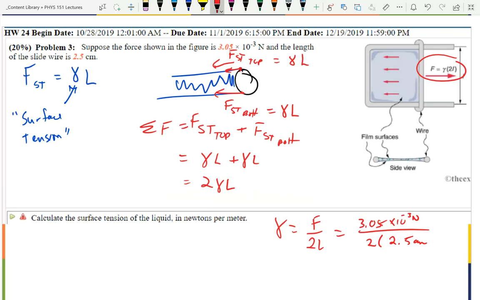I don't want my answer in centimeters, so I'm going to change it right now to 0.025 meters. So divide by 0.05 means multiply by 20. So 3.05 times 20 would be 6.1 times 10 to the minus 2.